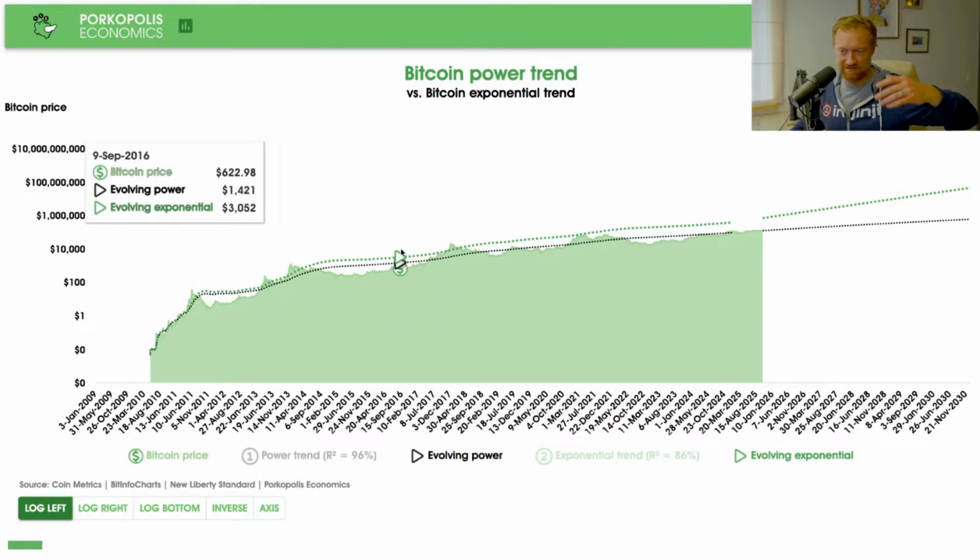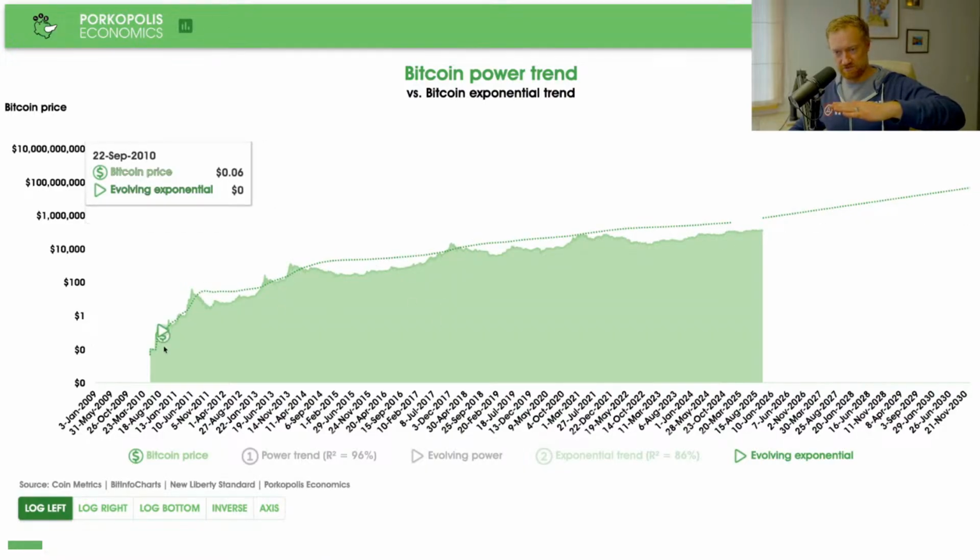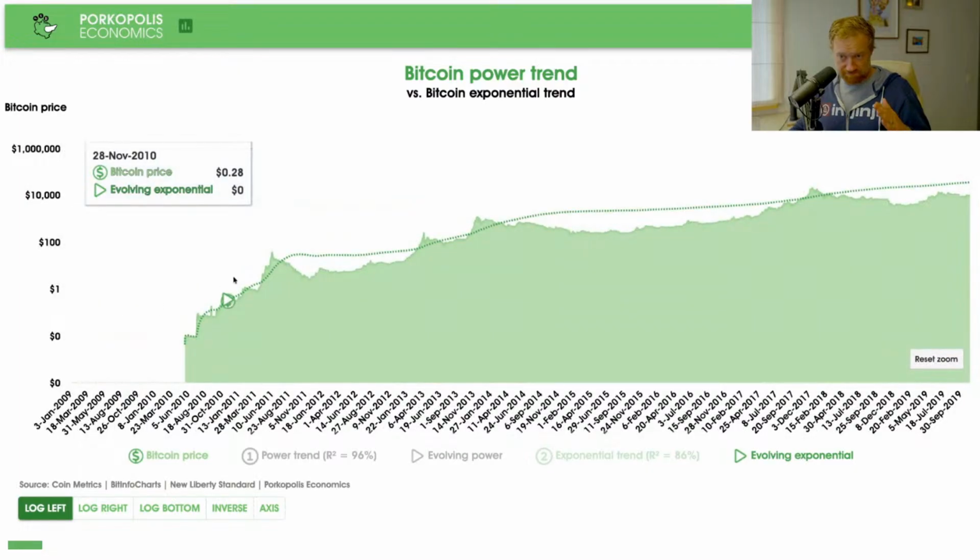I could make a movie of this maybe, but let's just leave exponential. Exponential is a straight line on log scale. So at the time, it's super ambitious, then it flattens out, just like the power curve did. But just imagine a straight line here, and what you see is kind of like the tangent. It's where the exponential curve would be at any time when you looked at that price.